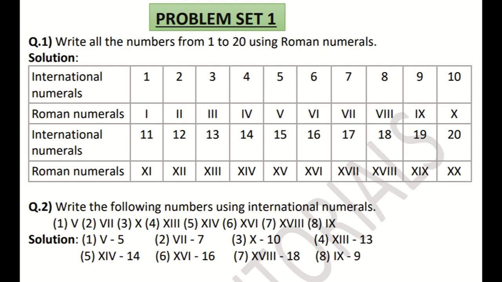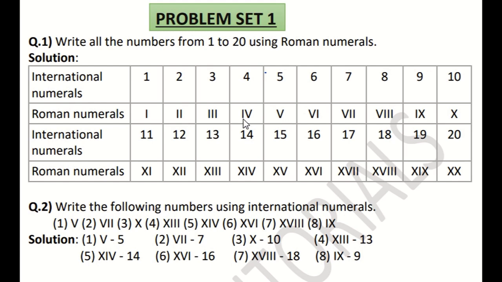Okay, so let's start with the solution. As we already know, I stands for 1, 2 times I stands for 2, 3 times I stands for 3. We don't know the symbol of 4 and repetition of I more than 3 is not allowed, but we know the symbol of 5 and the rule that if I is written on the left side of V or X, their difference gives the value of that number.